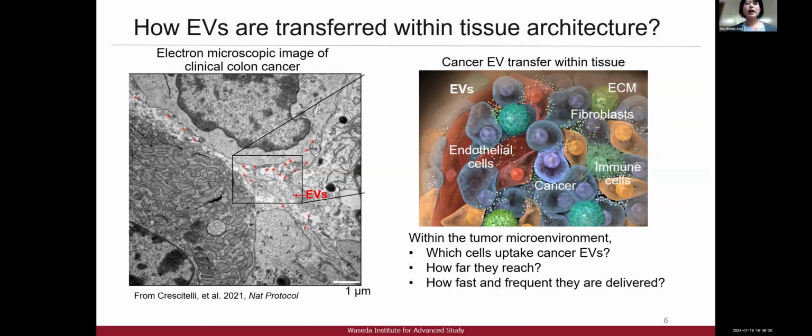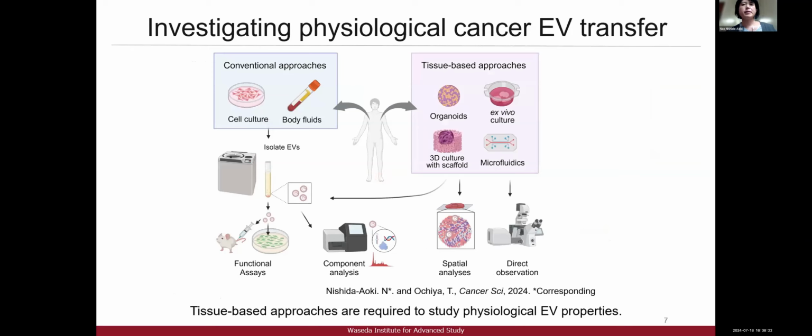However, these questions remain unknown because currently EVs are mainly studied in cell culture-based research or animal studies. Cell culture systems lack the physiological tissue environment, and in animal experiments it is technically challenging to observe EV transfer at the cellular level due to their nano size.